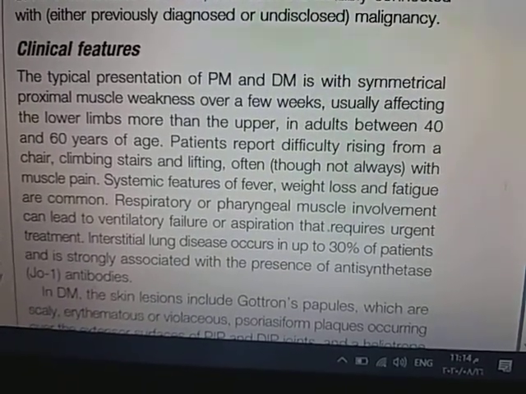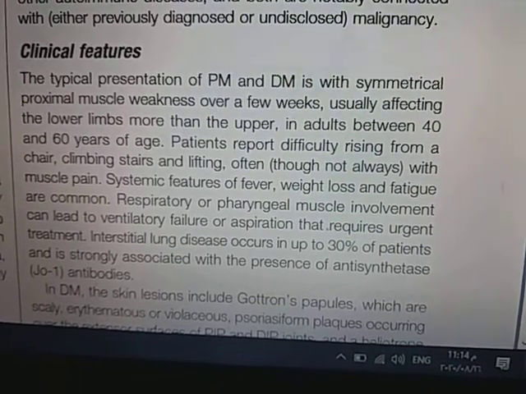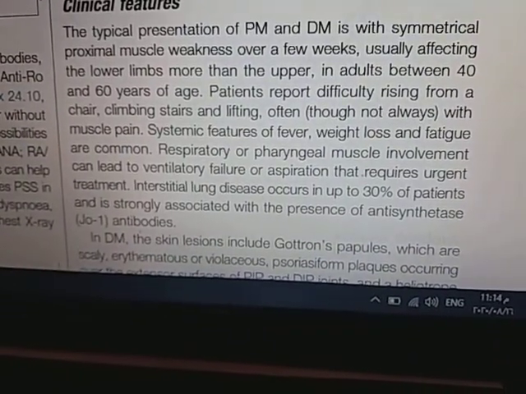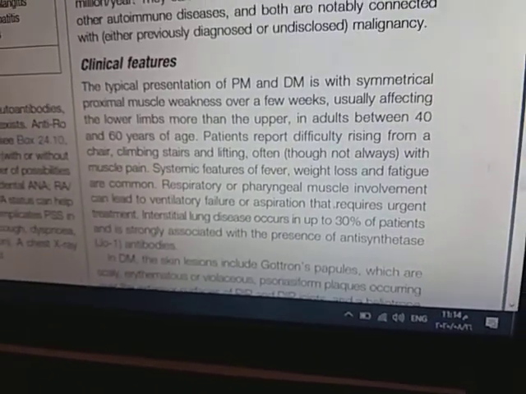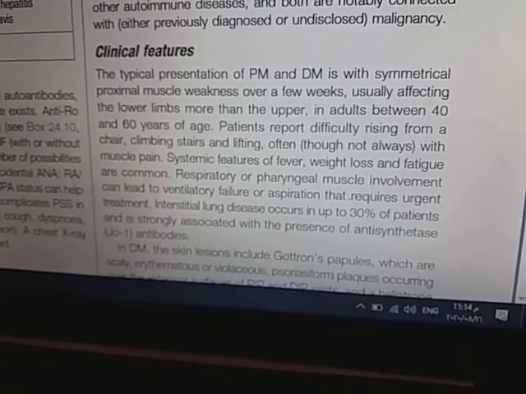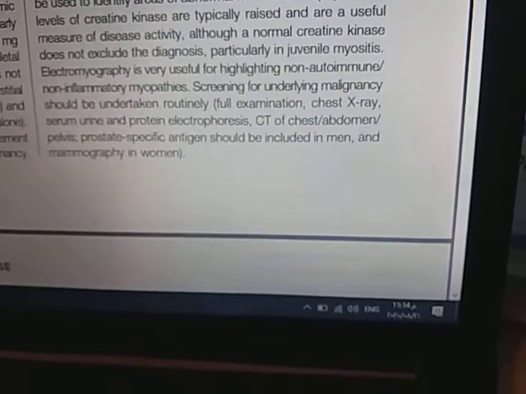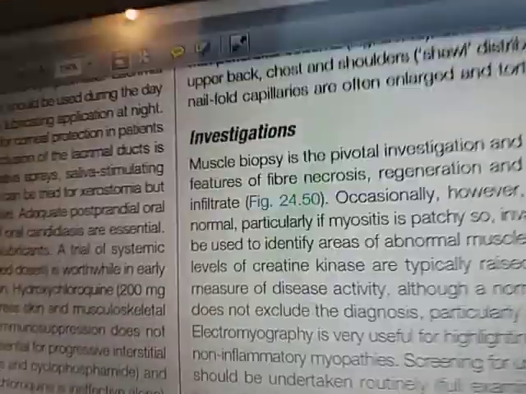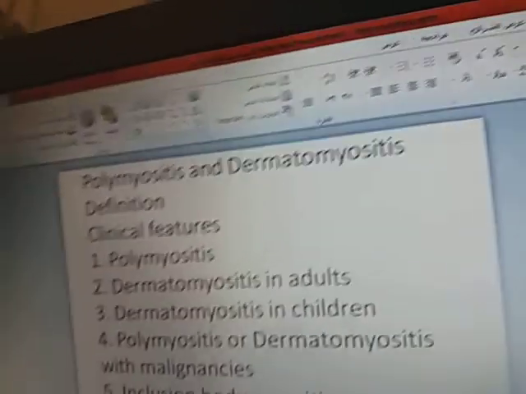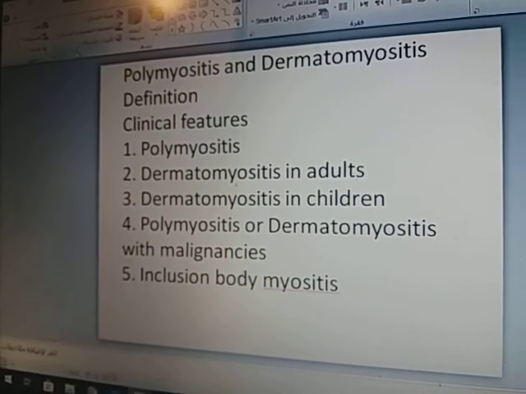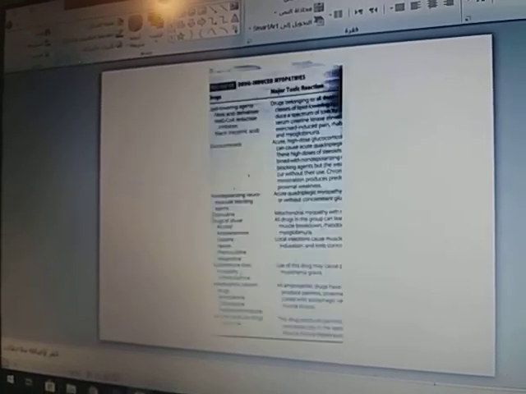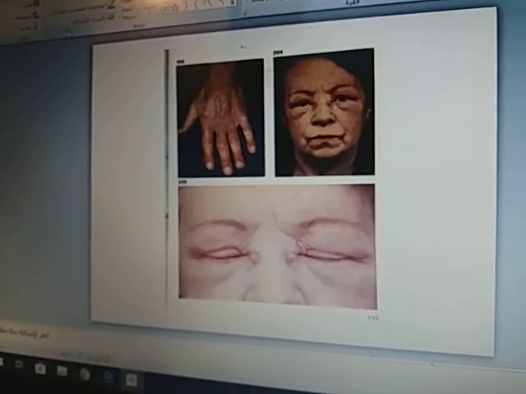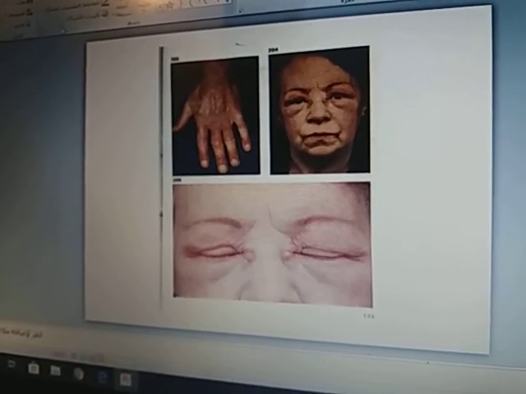In dermatomyositis, in addition to skeletal muscle features, we have skin involvement, including Gottron's papules on the proximal and distal interphalangeal joints.